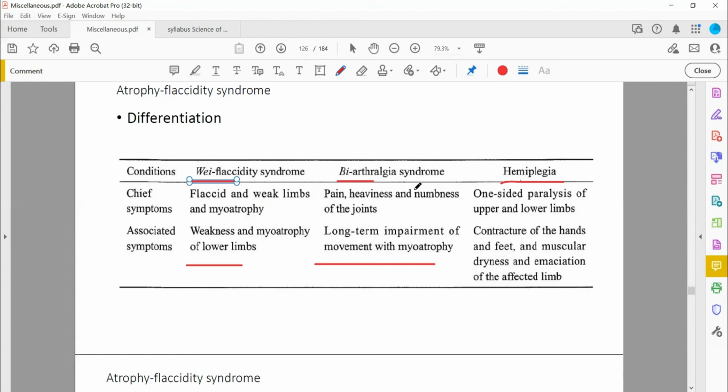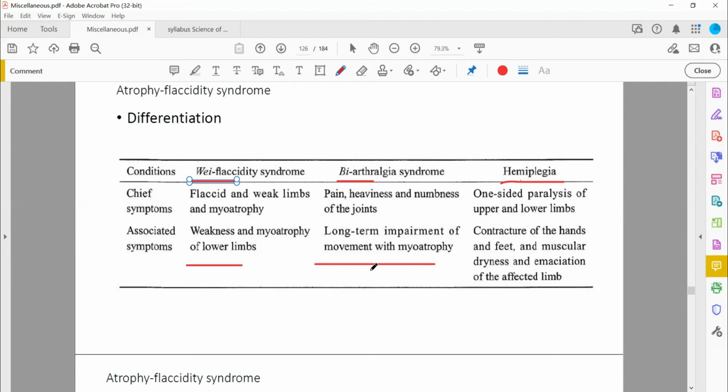For some people, they have knee pain for a long time. They call it arthritis. That means there's inflammation of the joints, right? For long-term impairment of movement, because the joint is painful and they don't want to move.